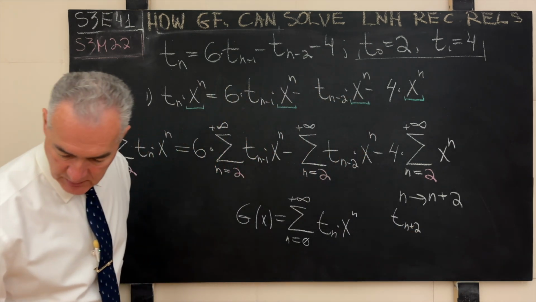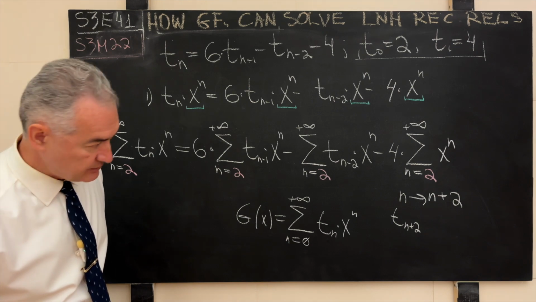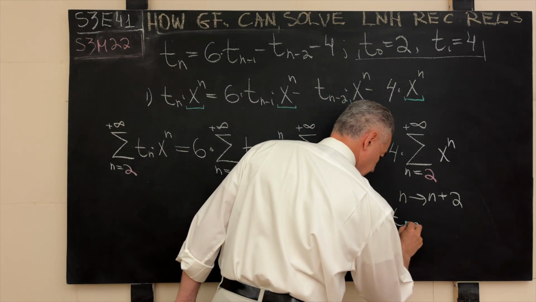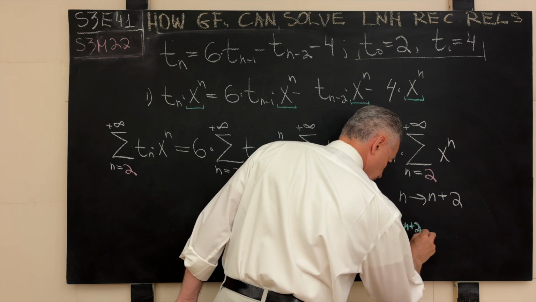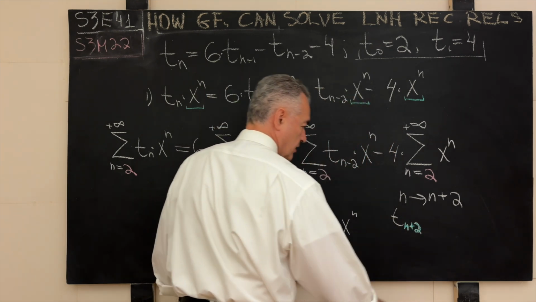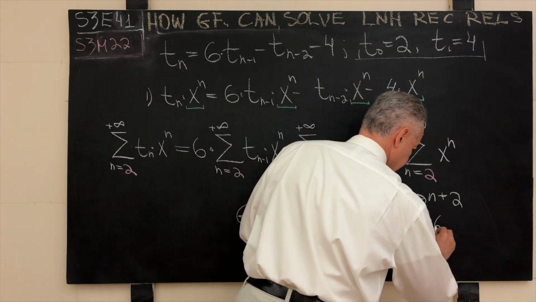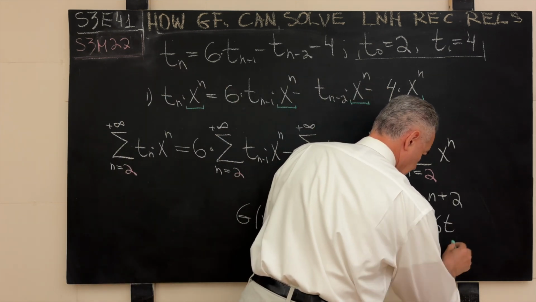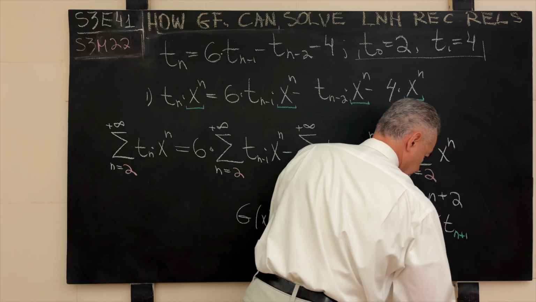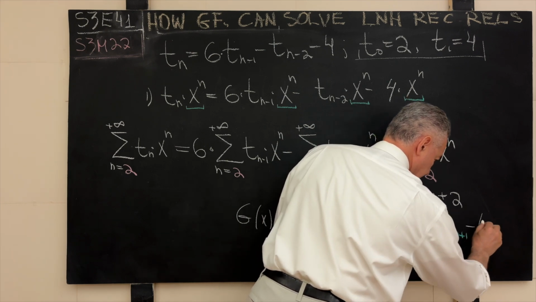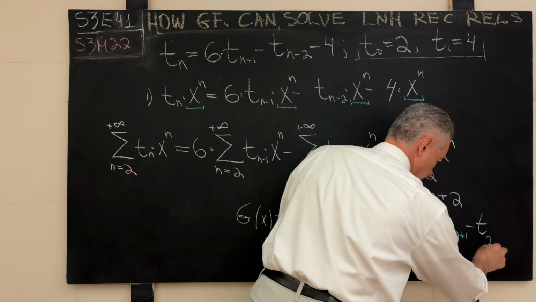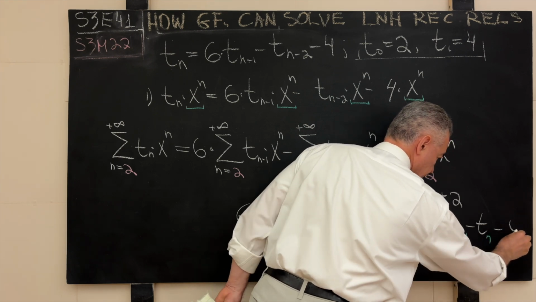As a matter of fact, let me write this material for you guys in a different color so you see what's going on. T n plus 2. You will have it on the left hand side, and then what will you have? You will have 6t n plus 1 minus t sub n, and obviously you will have minus 4.